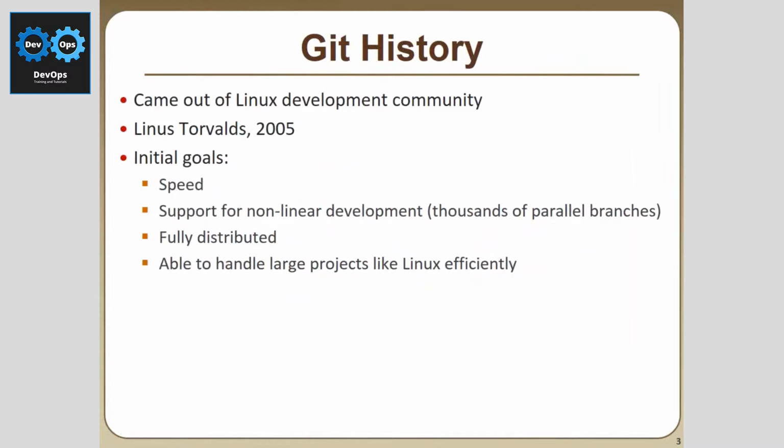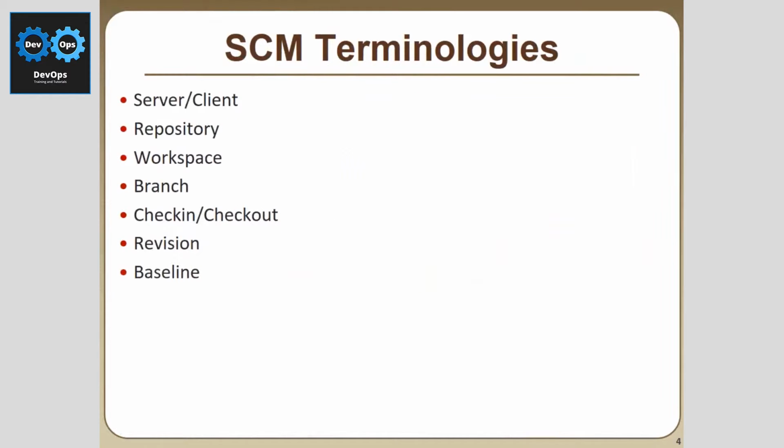Now let's talk about one more thing before we get into the history. There are certain common terminologies that you should be aware of, because sometimes if you go to an organization, you will also be working on some older tool in the market for SCM. One of the most popularly used tools in the market is Git, because of a couple of reasons that we will talk about.